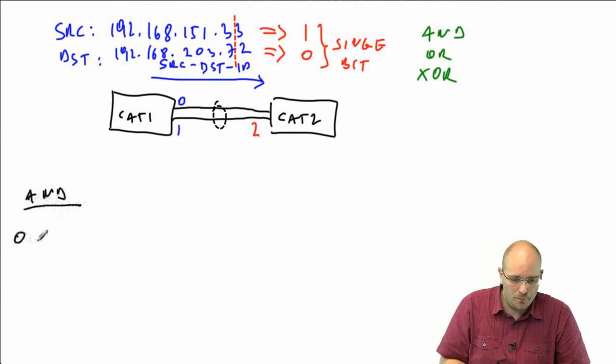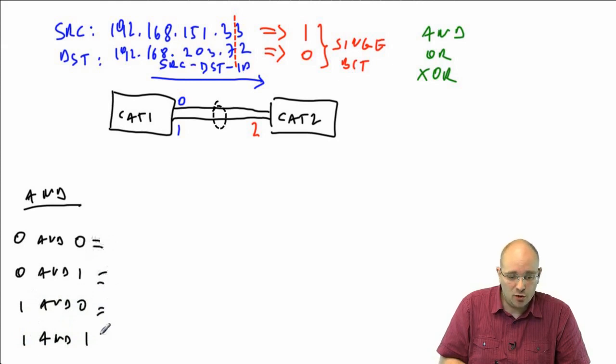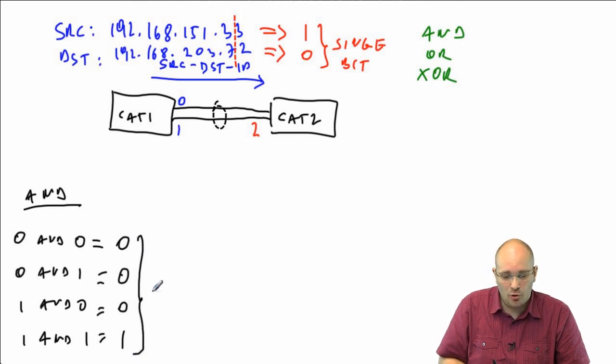I have 0 and 0, I have 0 and 1, I have 1 and 0, and I have 1 and 1. The result of 0 and 0 is going to be 0. The result of 0 and 1 is going to be 0, and 1 and 0 is going to be 0. The logical result of 1 and 1 is going to be 1, which means that if I used AND as the logical operator here, I'm going to end up with 3-to-1 load balancing ratio. This is not very good.